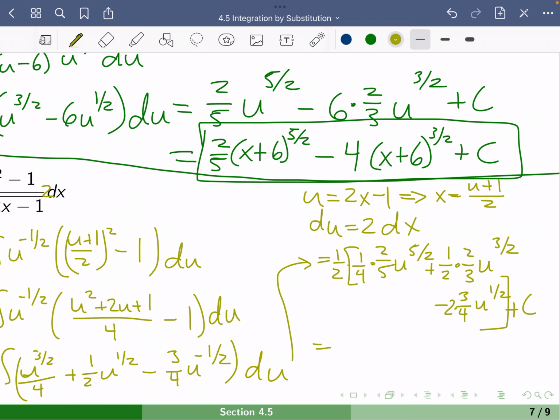So we need to change all that stuff back to x. And so we'll end up with 1 over 20 times (2x minus 1) to the 5/2 plus 1/6 (2x minus 1) to the 3/2 minus 3/4 (2x minus 1) to the 1/2 plus c.